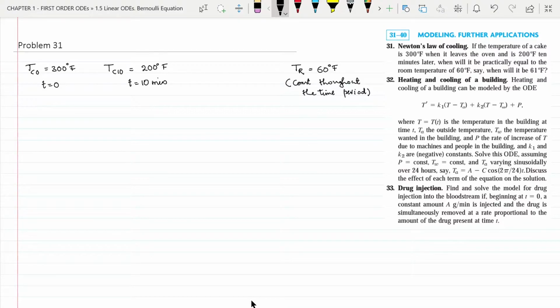That is why its temperature is decreasing. Initially it was 300, after 10 minutes it decreased to 200, and it will keep on decreasing till it reaches 60 degrees Fahrenheit. The question is asking what time it will take to reach 60 degrees Fahrenheit. So let us say it will take time t to reach 60 degrees Fahrenheit.